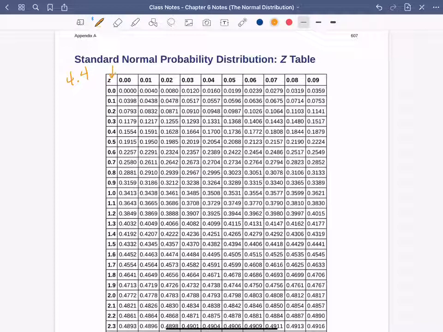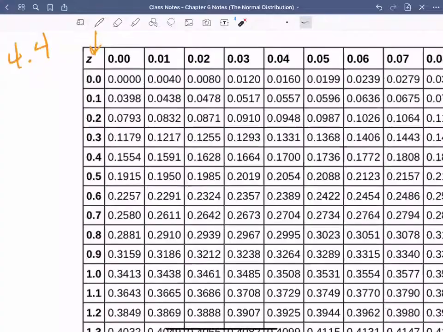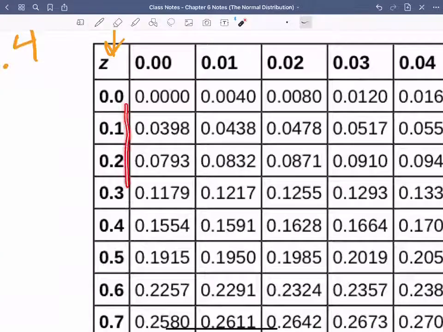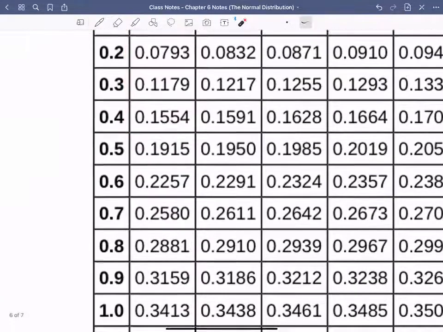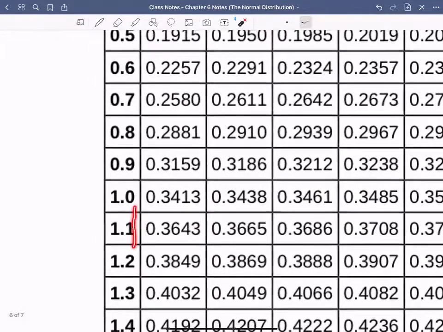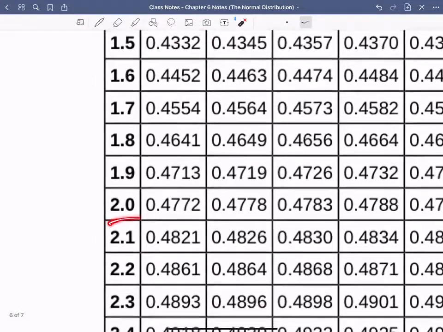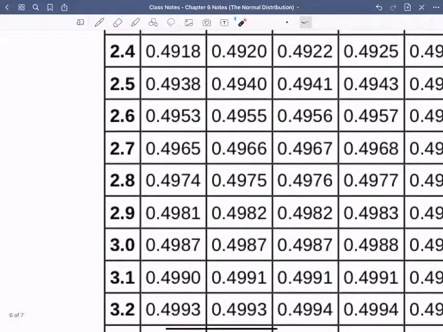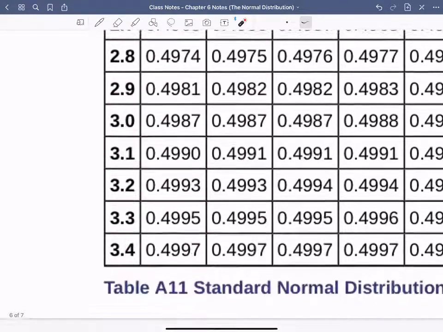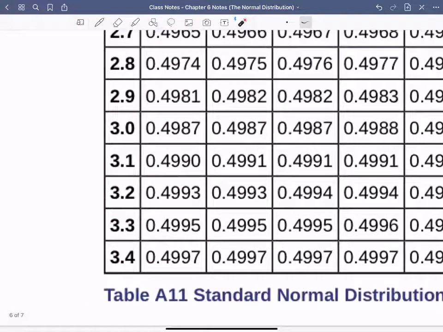So as you progress, we see 0.0, 0.1, 0.2, 0.3, we keep going. We see 1, we see 1.1, we keep going. Here's 2, 2.1, 2.2. Here's 3.1, 3.2. What? 3.4? We got to go further.